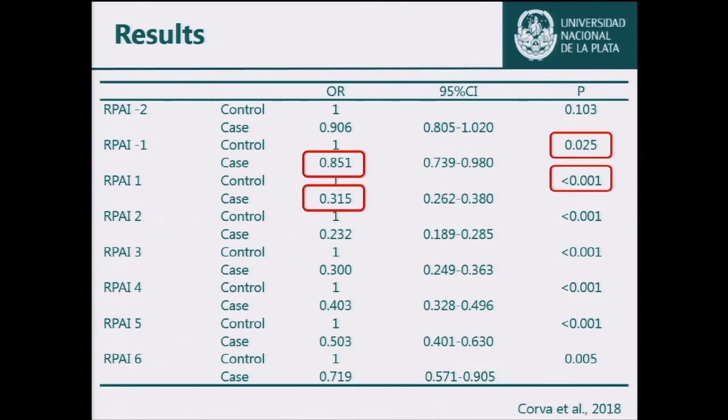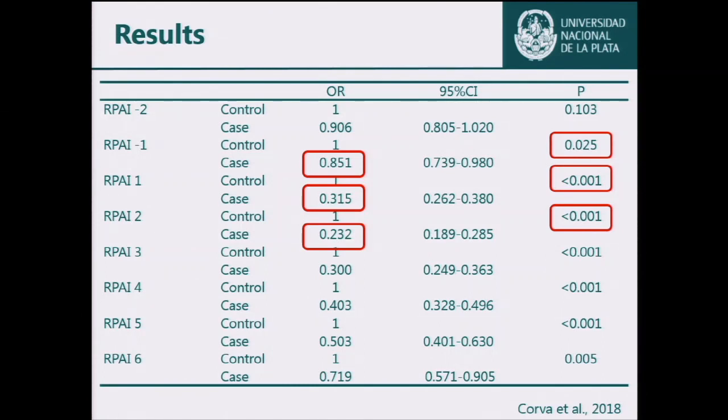And then when we got to the 1 week after, that was a profound decrease in the conception rate. It went down to 31% compared to the control cows. And that continued dropping, and it went to 0.23% compared to the controls.